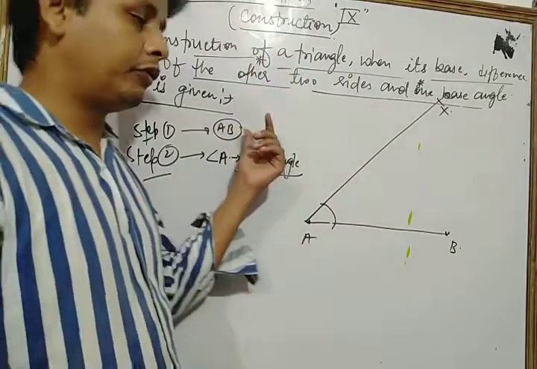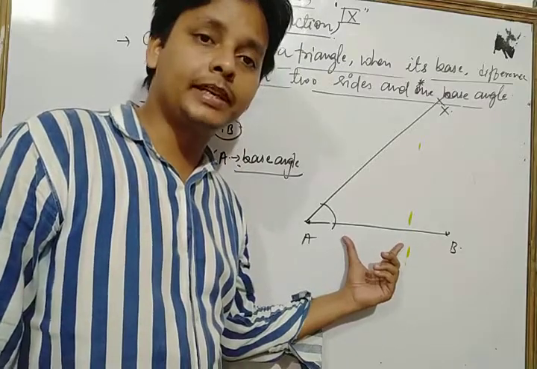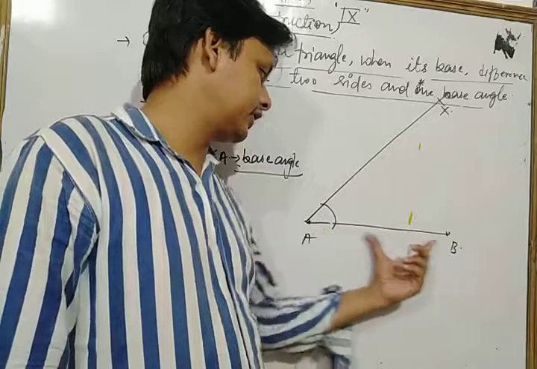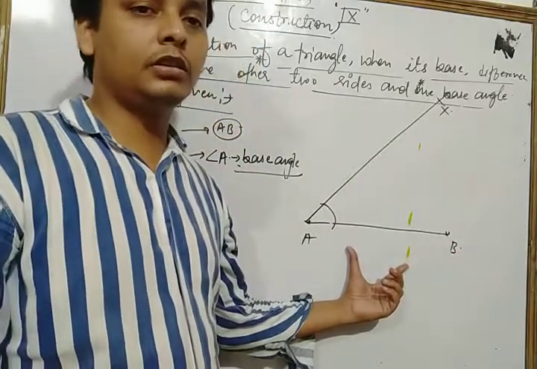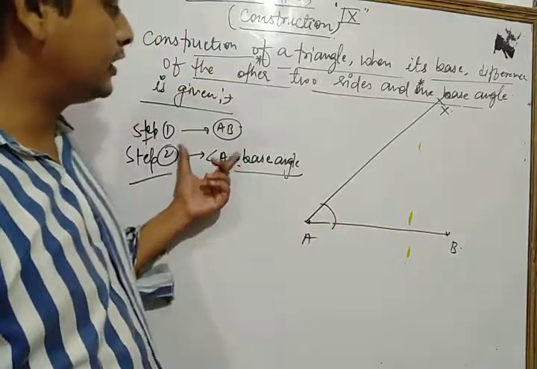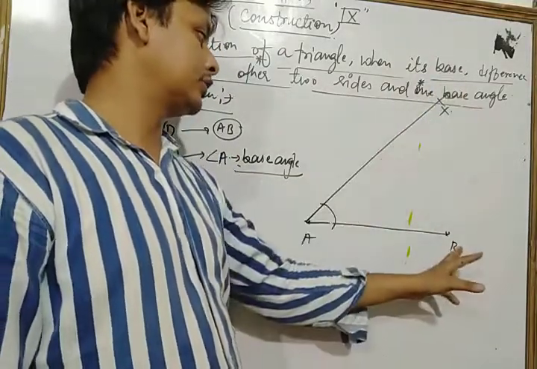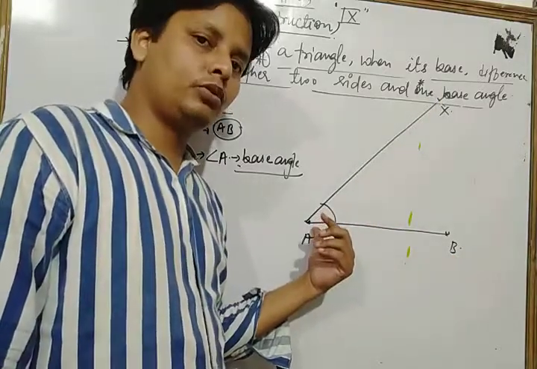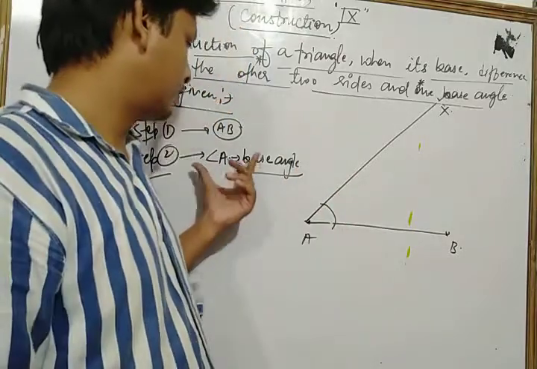So in the first step we draw the base AB which is given. Now after that we draw a ray AX and construct the angle BAX.